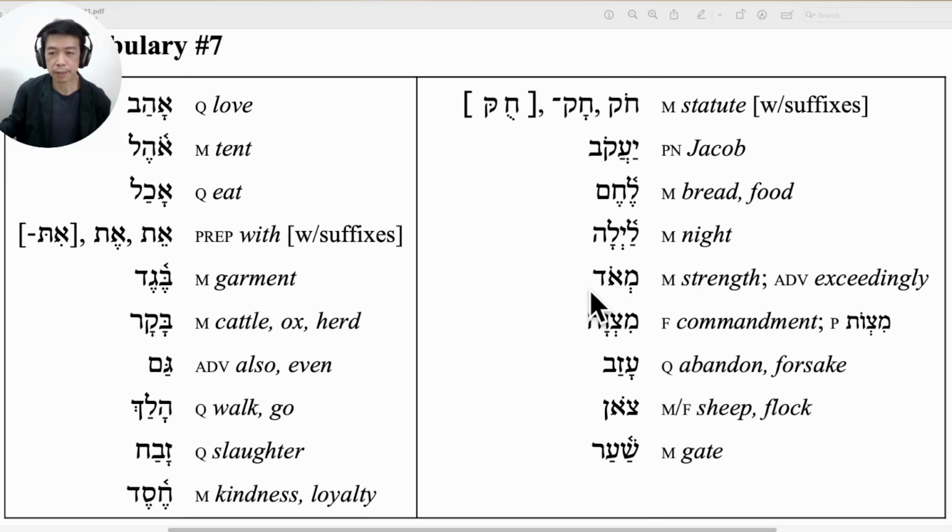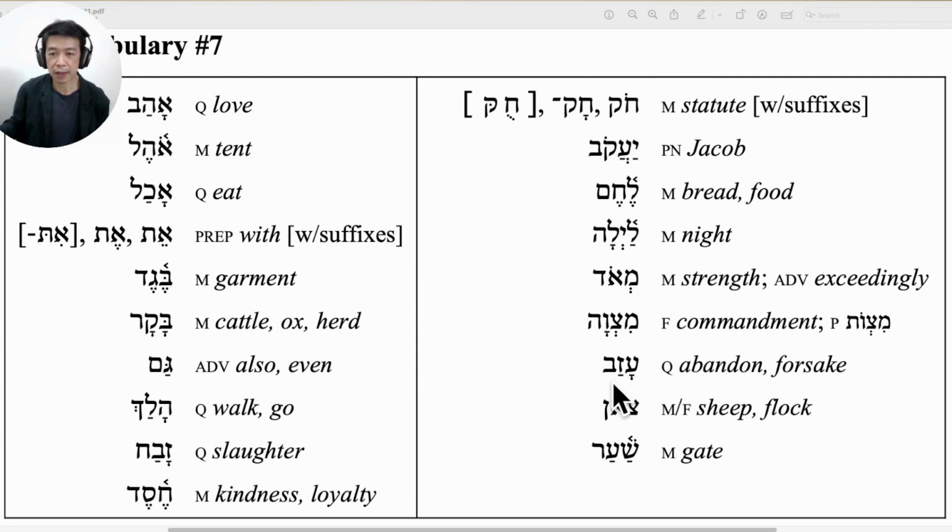The next word is commandment, mitzvah. In the plural, it's mitzvot.